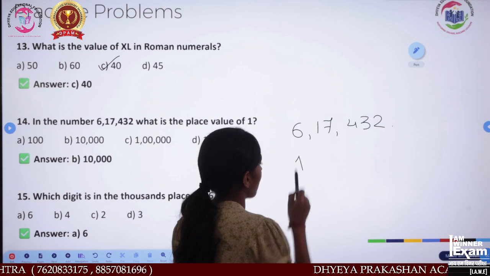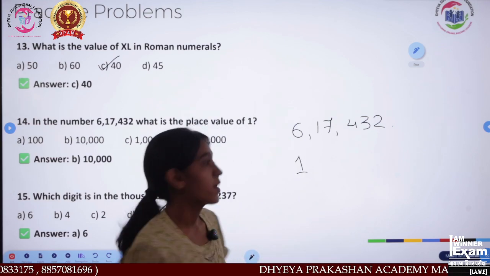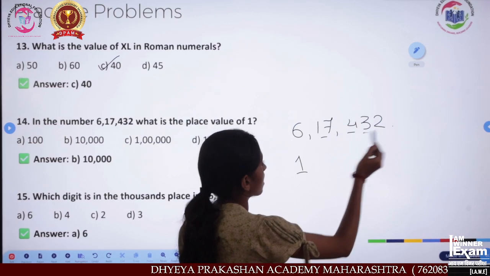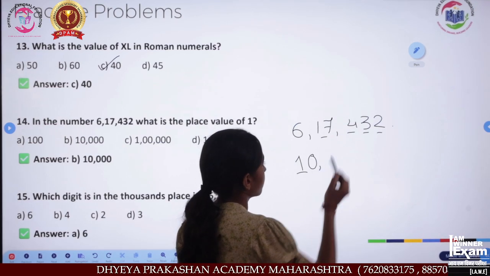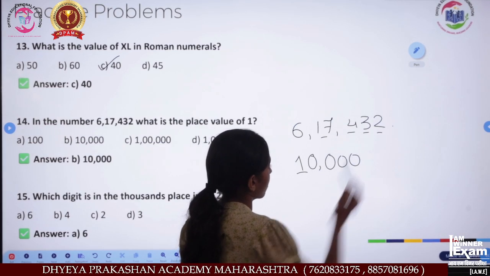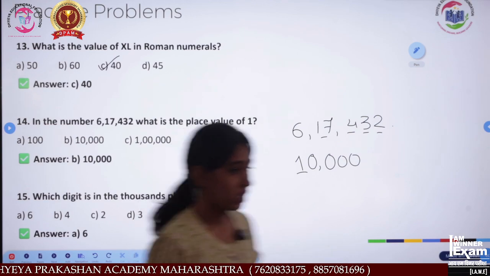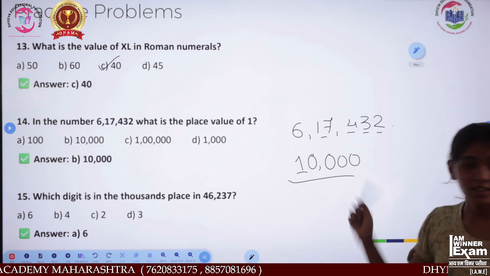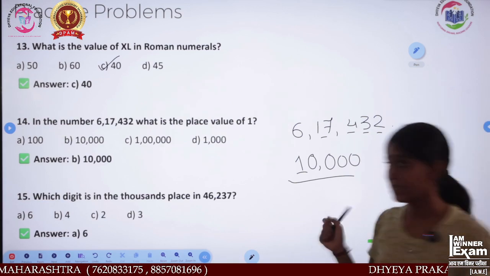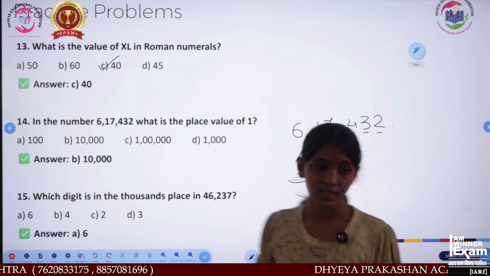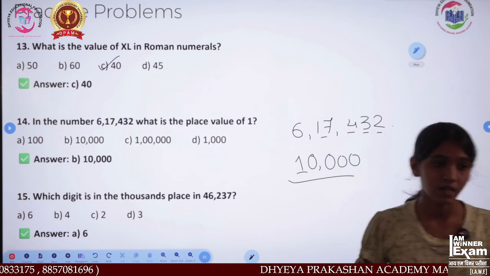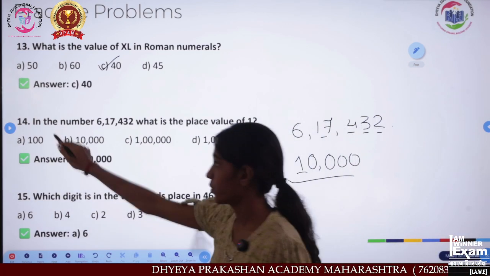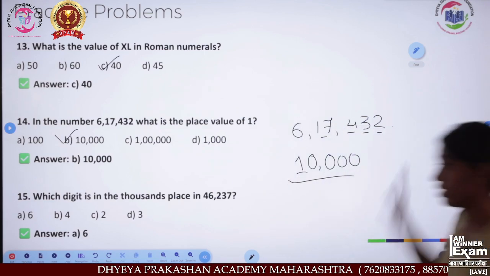Let's take 1. After 1, how many digits are in this number? 1, 2, 3, 4. There are 4, so write 4 zeros after 1. Then our answer comes to 10,000. Which option is correct? 100, 10,000, 1 lakh or 1,000? Option B is correct, 10,000.